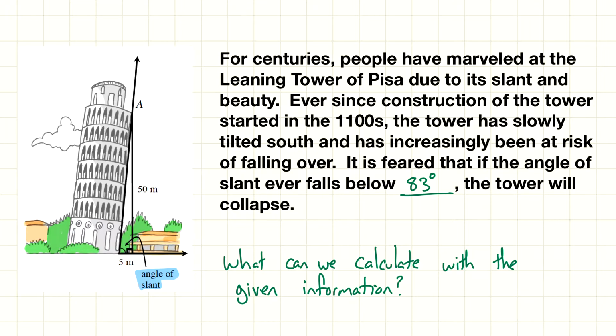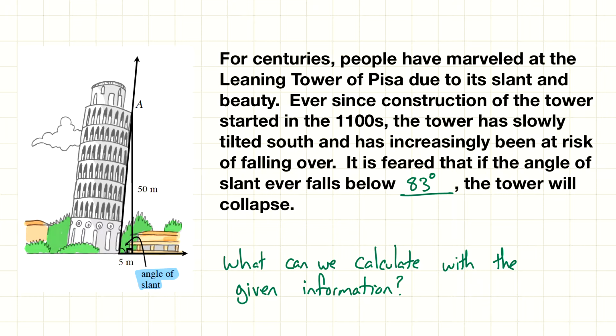So some additional information in the diagram that's given to us is if from this point, point A, we drop, let's say, a weight that goes straight down, that would be a distance of 50 meters. Also, that weight would fall 5 meters away from the base of the building.